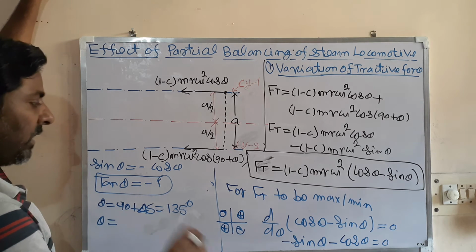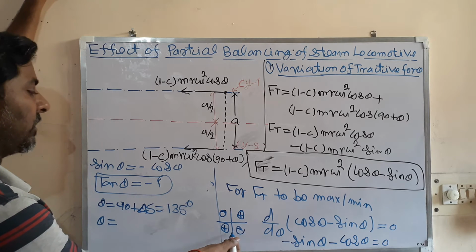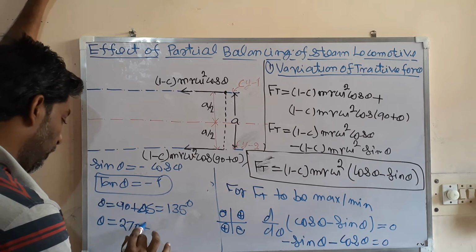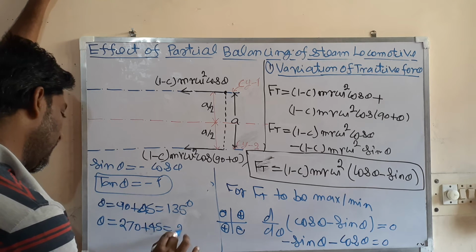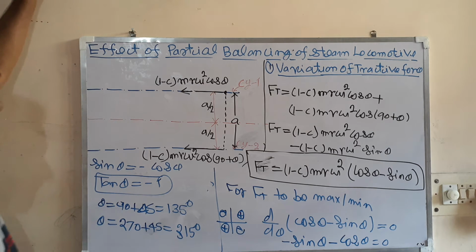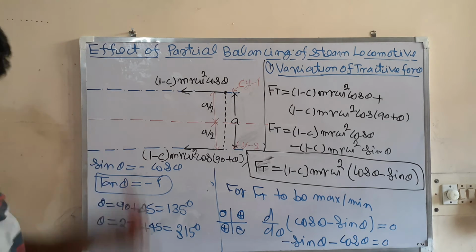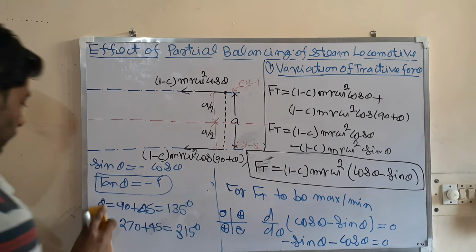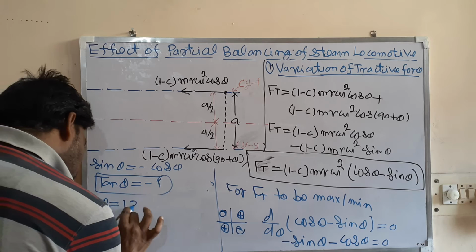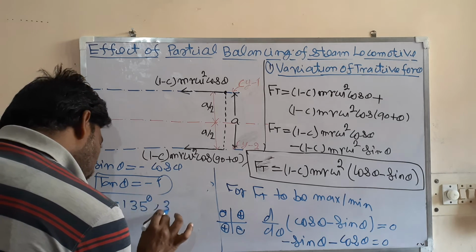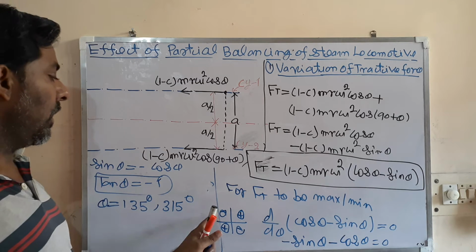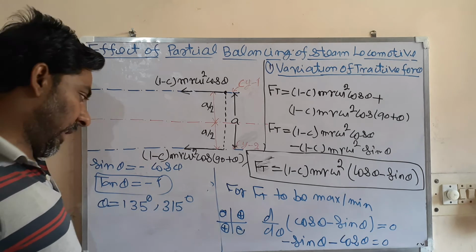What will be the value of theta in the fourth quadrant? That is 270 plus 45, that is 315 degrees. So from here we are getting theta equal to 135 degrees and 315 degrees, because tan theta is negative in the second and fourth quadrants.